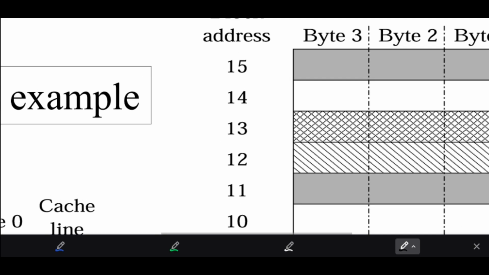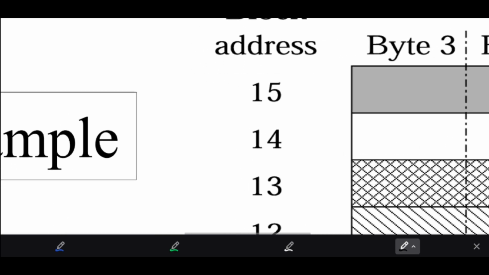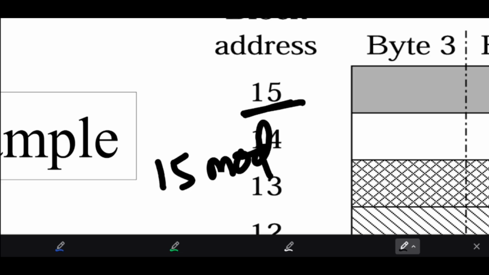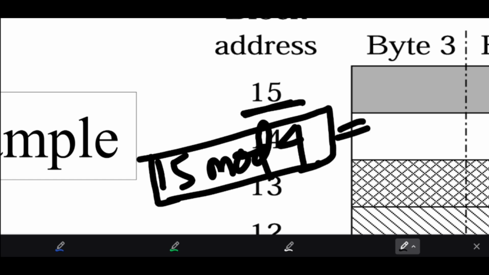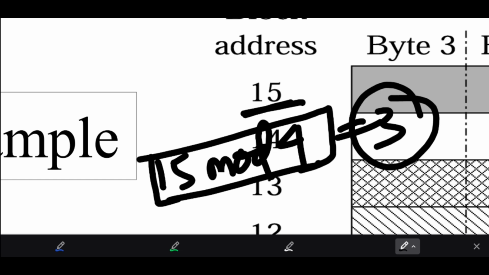This is block address 15. Then in which cache line will it be stored? Now 15 mod 4, that is 3. It will be stored in the third cache line.